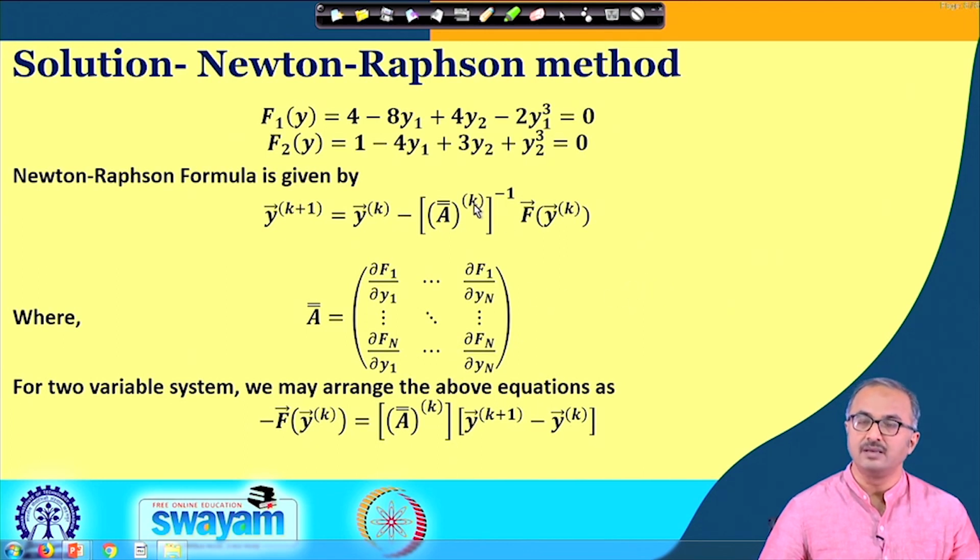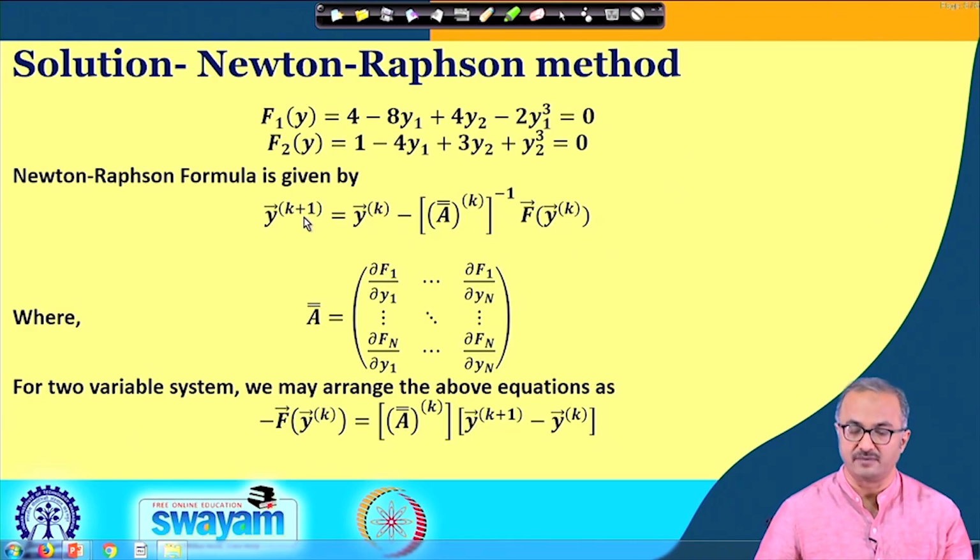Then we have to take the inverse of this Jacobian matrix and multiply it with the function vector, evaluated at the present iteration with the present values of the unknown variables, so that we get the updated values.